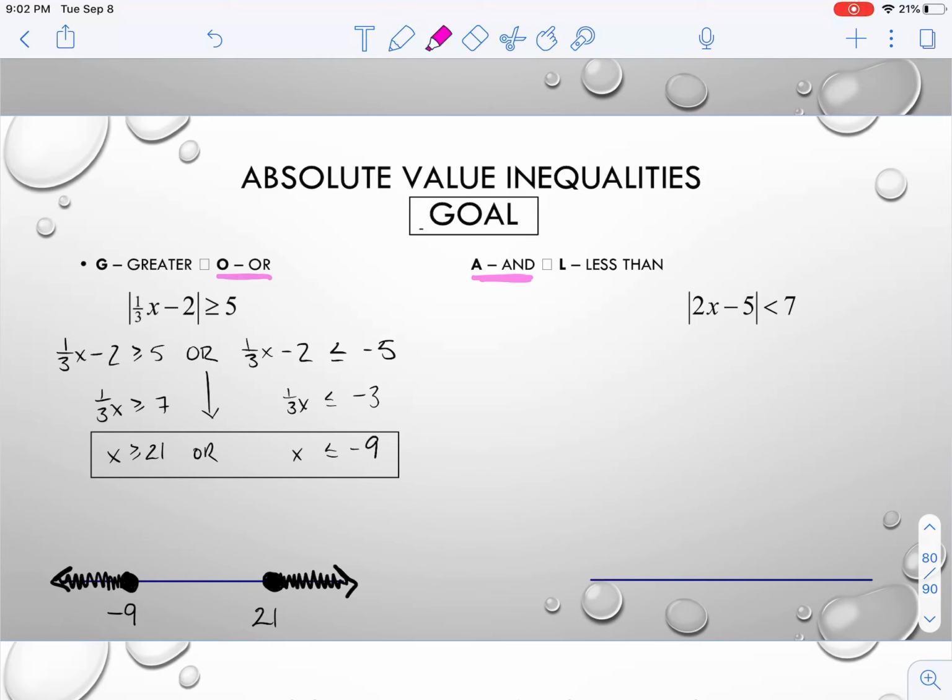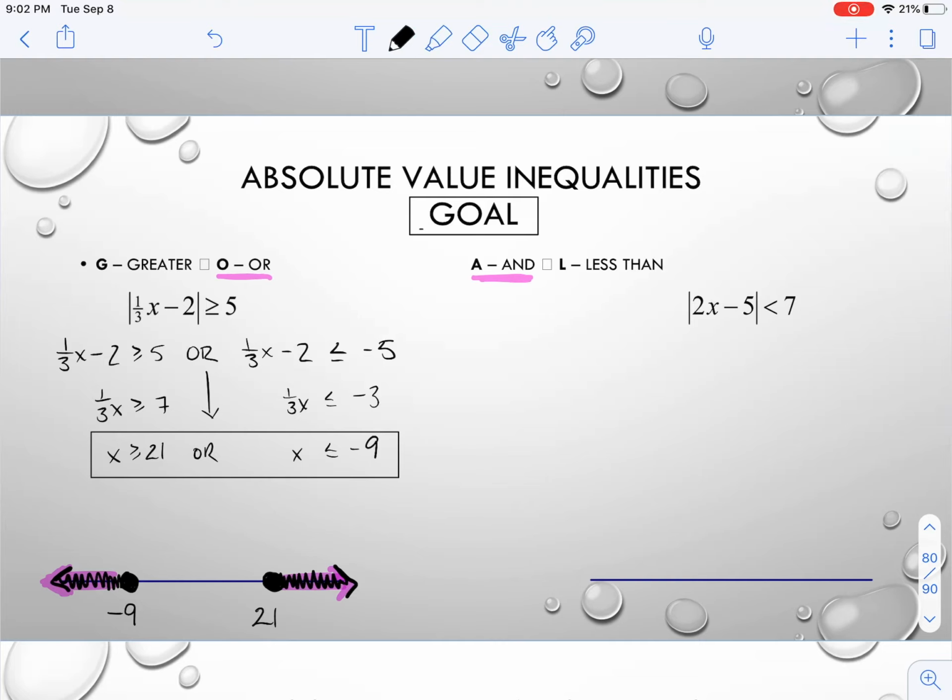Now, the "or" tells me that my solution could be out here in the part that's greater than or equal to 21, or any value from this interval here on the left, less than or equal to -9, could be a solution of the original inequality.